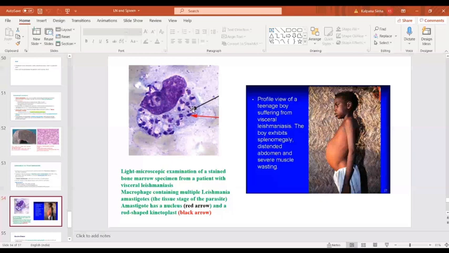So this is the amastigote form of Leishmania donovani, and this is a big macrophage. The whole cytoplasm of the macrophage is filled with this form of the parasite. This is visceral leishmaniasis of children in the endemic area. They will have a large abdomen because of splenohepatomegaly.